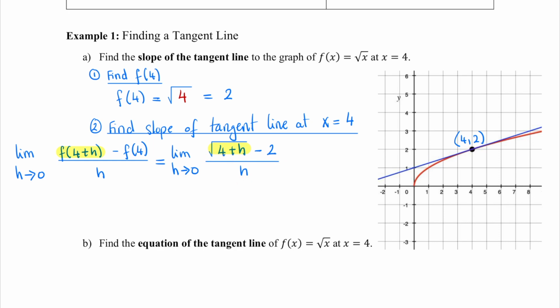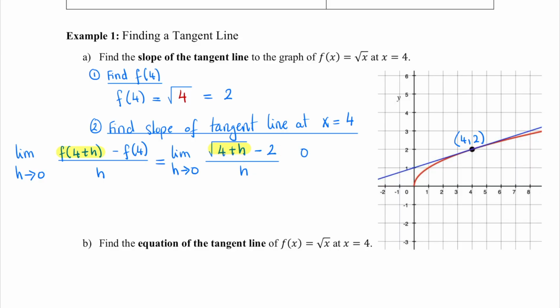First, we'll check to see what happens if we plug in 0. If I plug in h equals 0, I have square root of 4 plus 0, which is square root of 4, which is 2, and 2 minus 2 is 0.